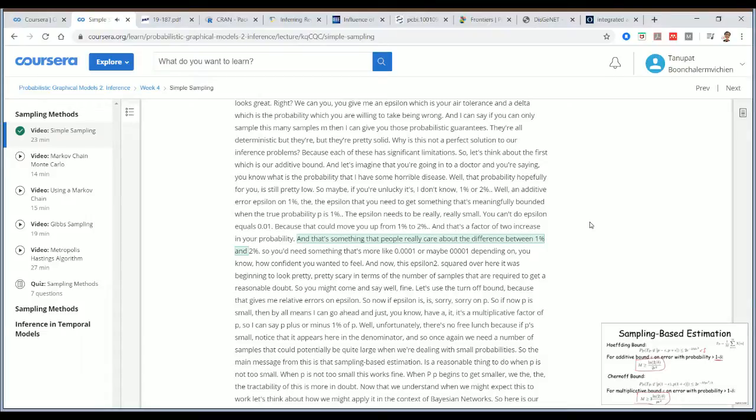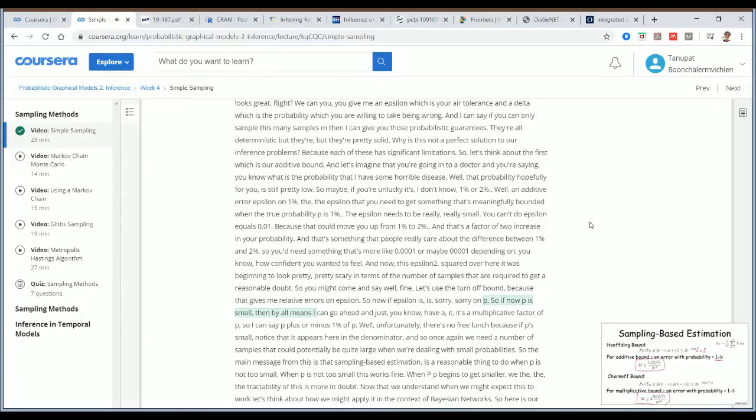So you'd need something that's more like 0.0001 or maybe 0.00001, depending on how confident you want to feel. And now this epsilon squared over here is beginning to look pretty scary in terms of the number of samples that are required to get a reasonable bound. Then you might come and say, well, fine, let's use the Chernoff bound because that gives me relative errors on p.